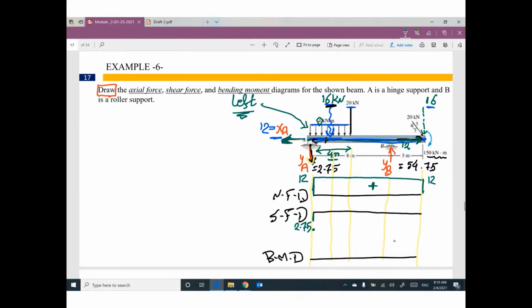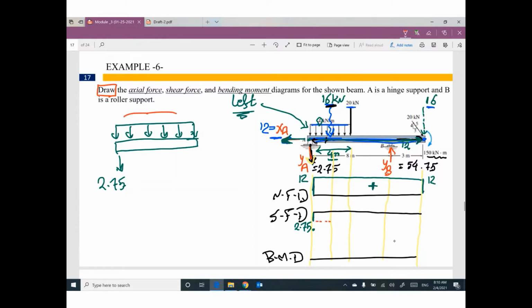Because we are inside distributed load, can you see? This part of the distributed load, and we have reaction here 2.75. What should I do? That's normal. Keep walking, but dotted. Why dotted?